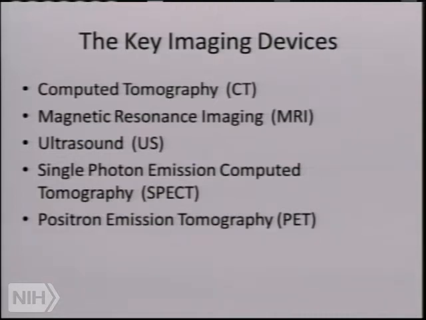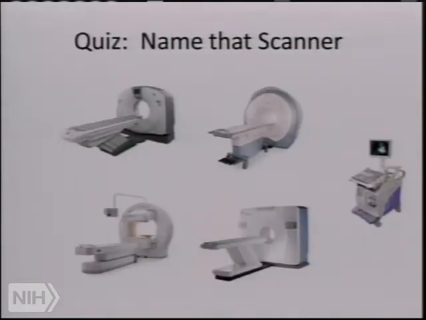So what I'm going to talk about today are 5 imaging techniques, and these are the ones that I consider the key imaging techniques in a radiology department: CT, MRI, ultrasound, SPECT, and positron emission tomography, or PET. So my quiz to you is, can you name which scanner is which?